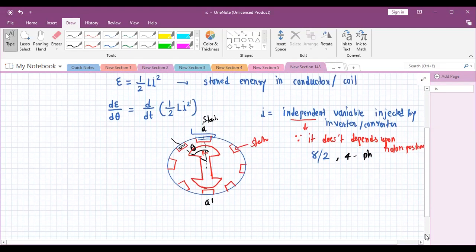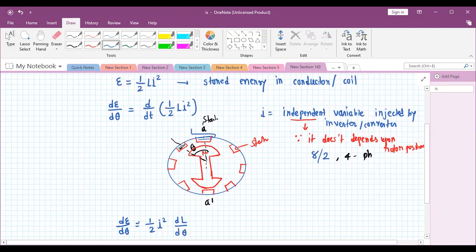So what can we write? We can take this 1/2 I square as a constant, and we get dL by d theta.